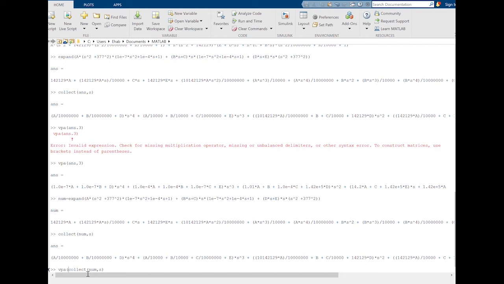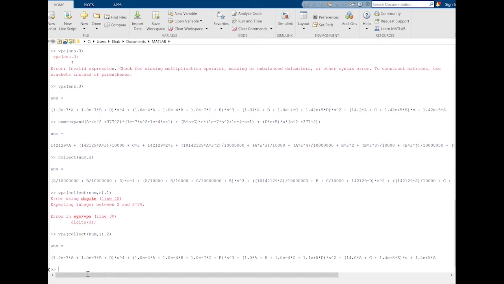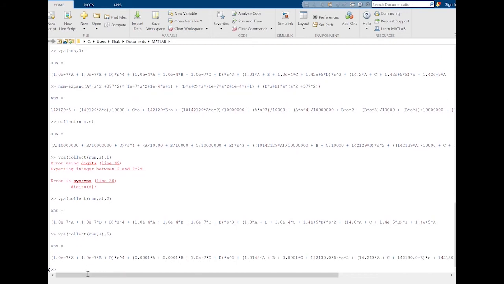But furthermore, this is correct, but we prefer to convert this into decimal numbers instead of symbolic fractions. So I think the second argument designates how many significant digits. Oh, this has to be 2 at least. What happens if I put 5, let's say?